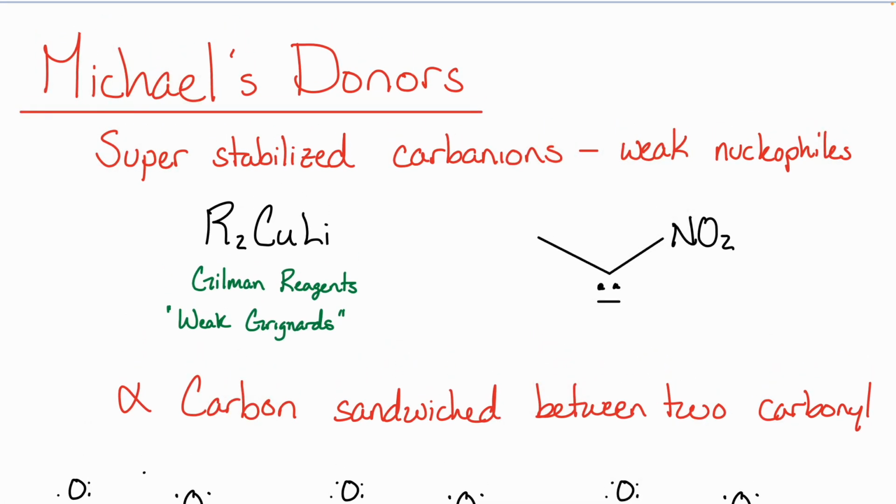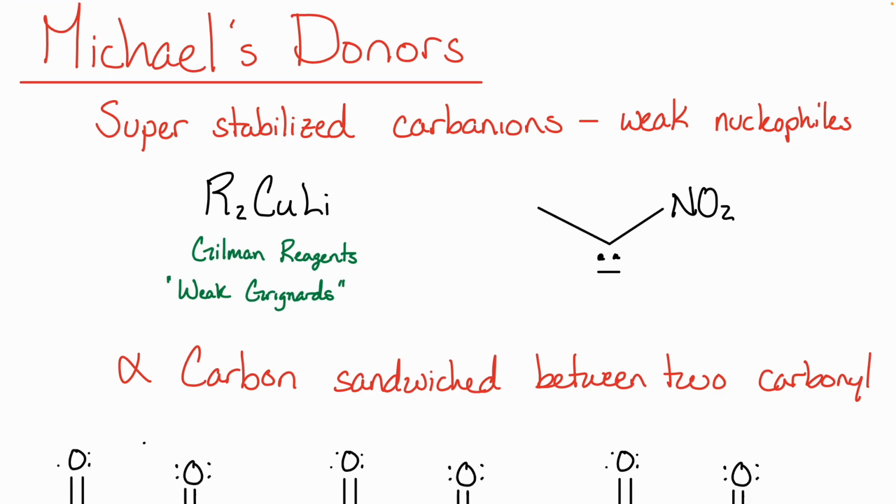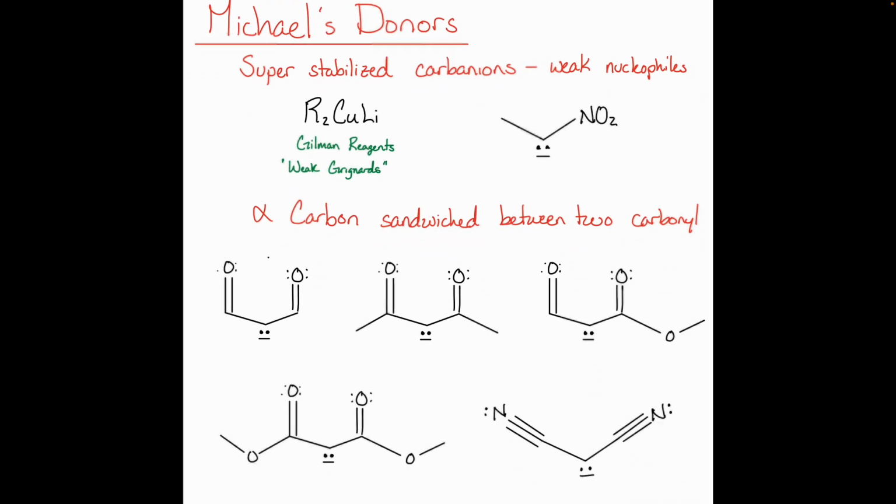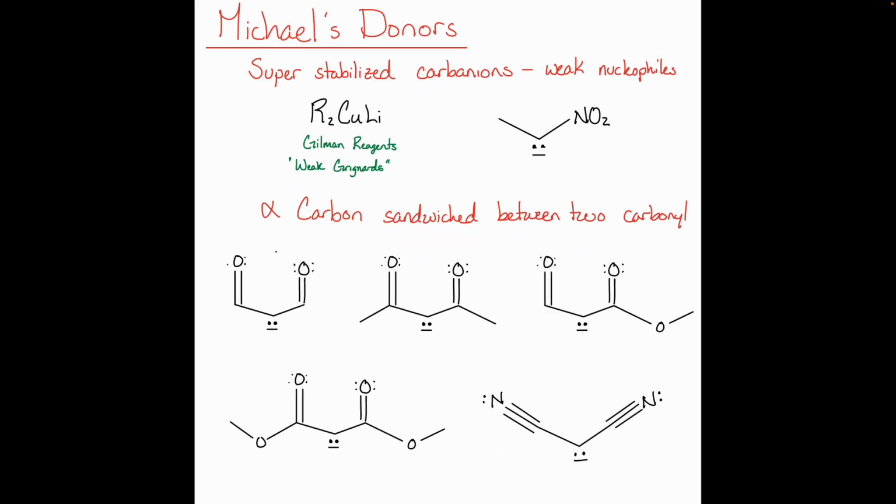Our Gilman reagent, which is another very stabilized carbanion organometallic compound. Or we can have just one nitro group instead of two, because nitro groups are such strong electron withdrawing groups. Any one of these would be a good super stabilized carbanion that would react specifically with the beta carbon of a Michael acceptor. Okay.